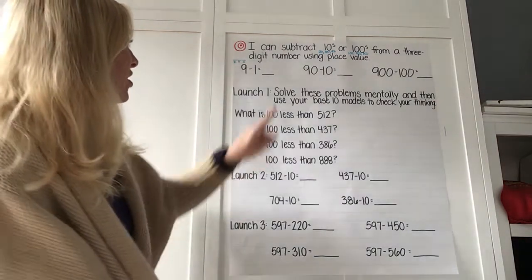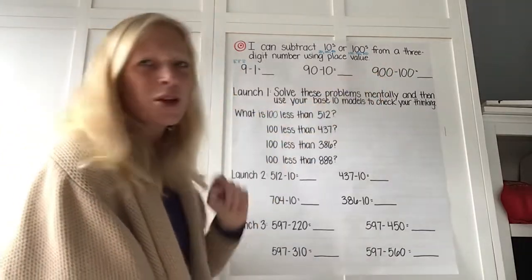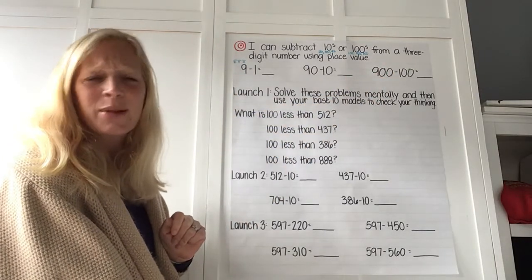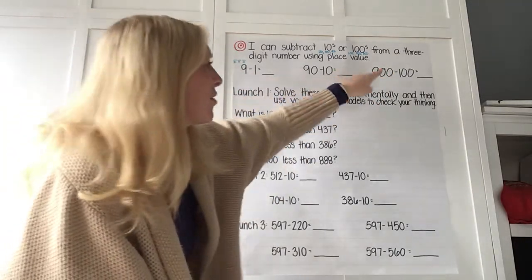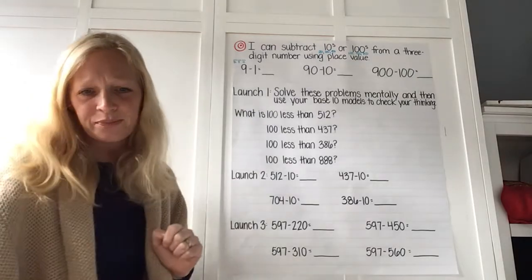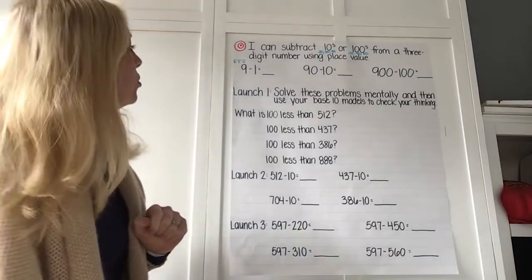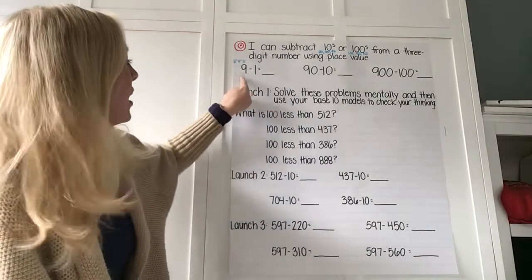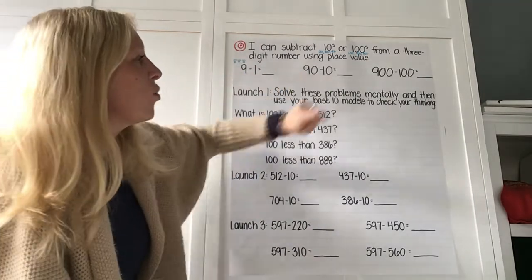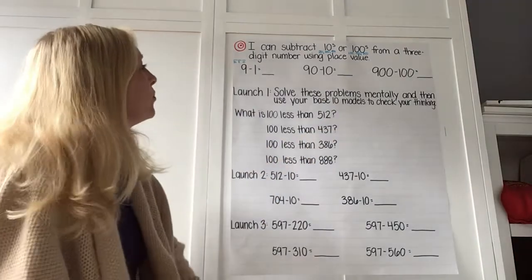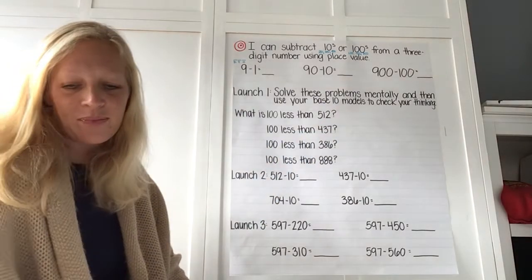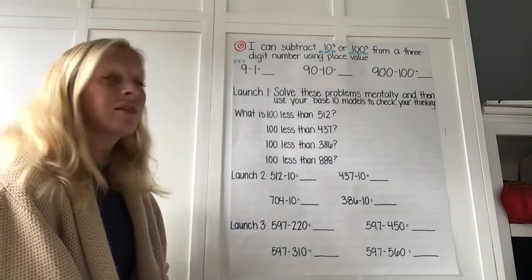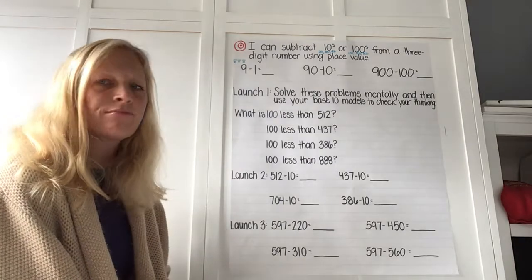Let's go ahead and start by looking at these 3 equations. What do you notice about these 3 equations? Ooh, they all have a 9 and a 1 in them. 9 and 1, 9 and 1, 9 and 1. What else do you notice about all of them? They are all subtracting.